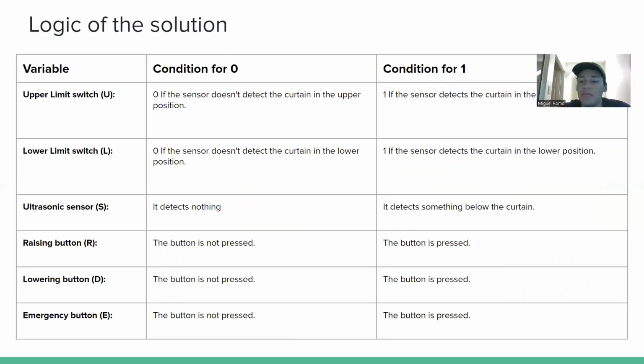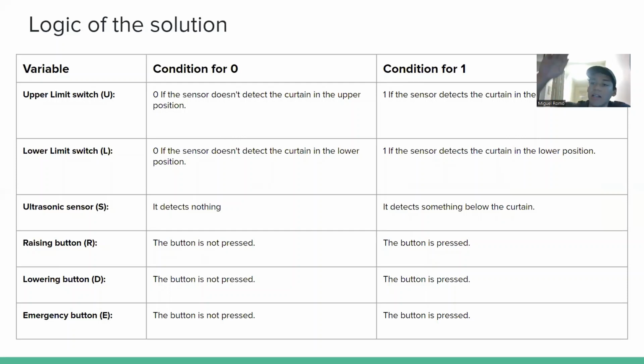So first of all, to solve this problem, I looked up the variables of the problem and gave them values for the condition of 0 and the condition of 1. First, we have the upper limit switch, a sensor that will detect if the curtain is up.